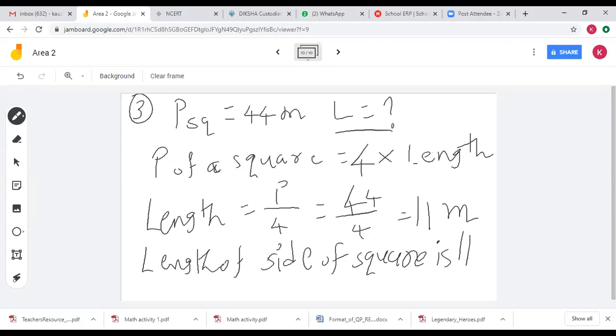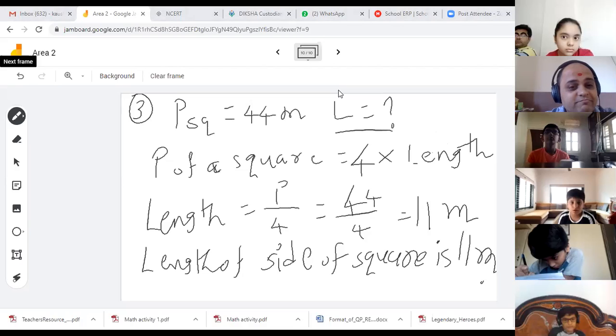In story sum, not centimeter. You have to be very alert with the units. Okay, you have to be extremely alert with the units. Small mistake in units and half mark will be cut. Even in the exams, if you make a mistake with units, I'll just cut away half mark.